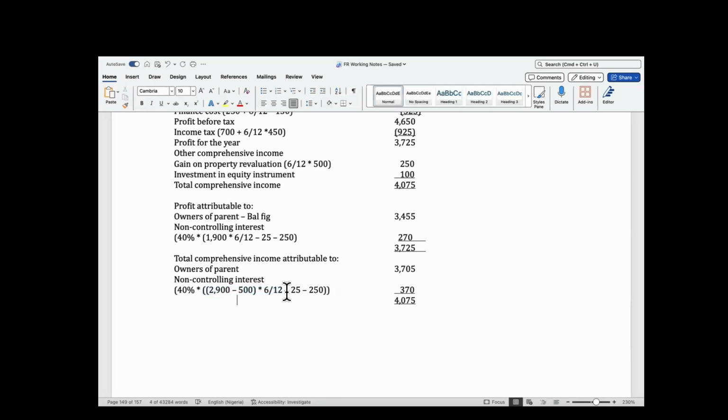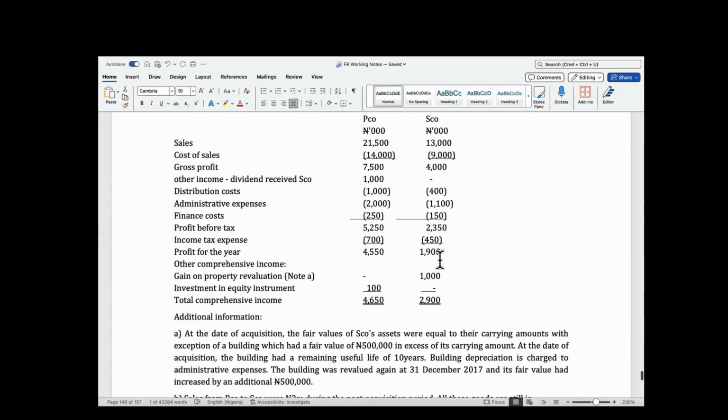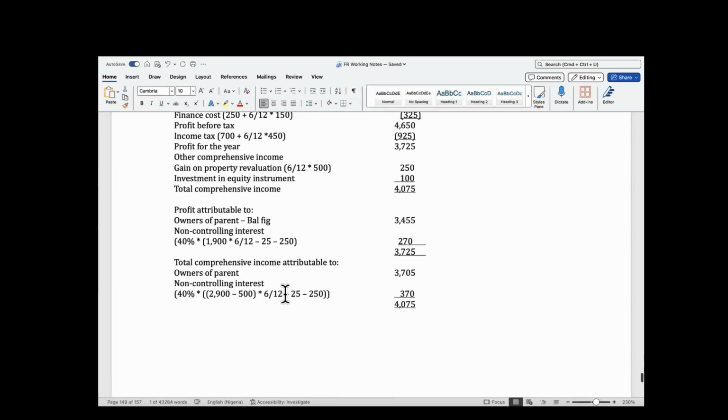Then I need to also adjust for the same thing I've adjusted here. I need to adjust it again. Why? Because this 19 profits is inside here. Is inside this 29. This 19 is inside this 29. Okay, it's 19 plus 1,000. So I need to remove this adjustment. Just replicate the same thing. So it brings me to 370.